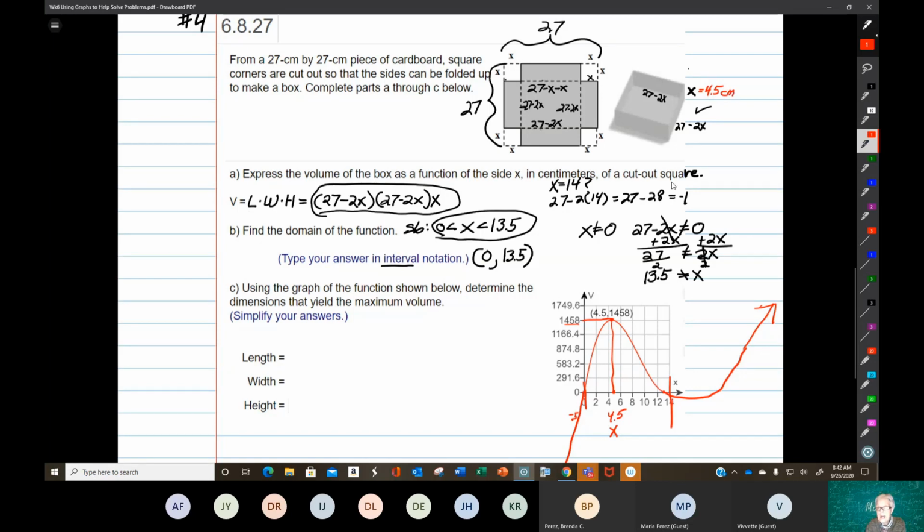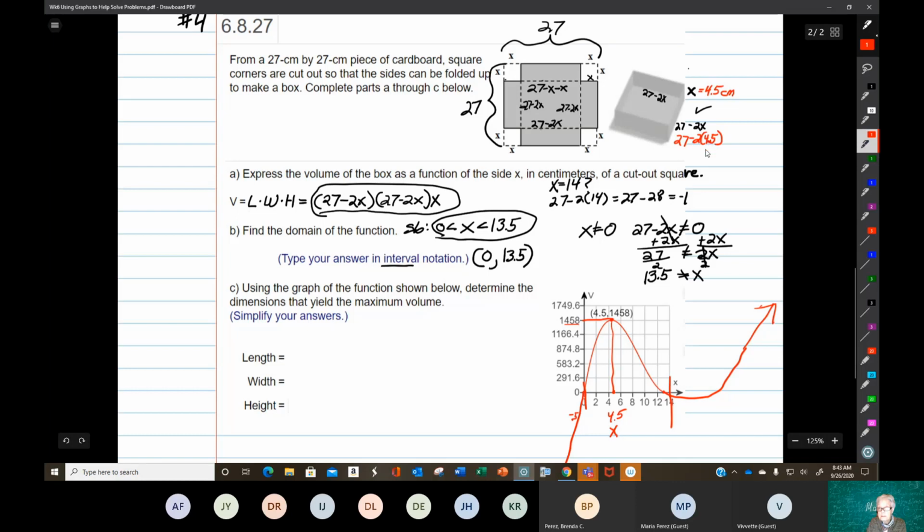Okay, now all I have to do to figure out these sides is take 4.5 and put it in for x.